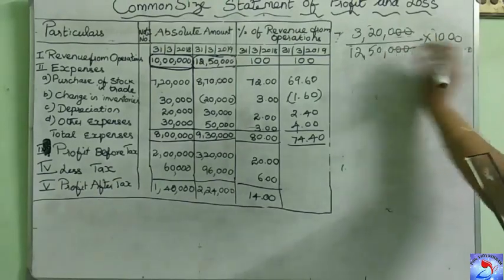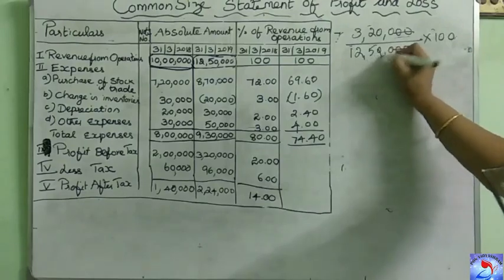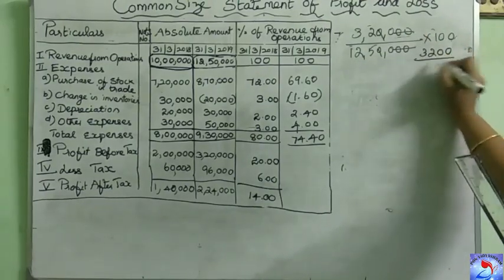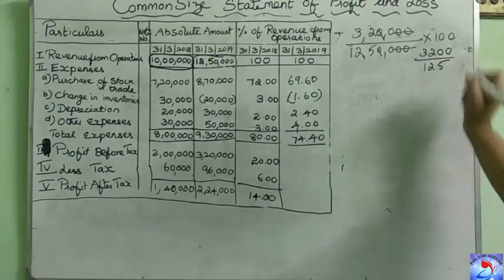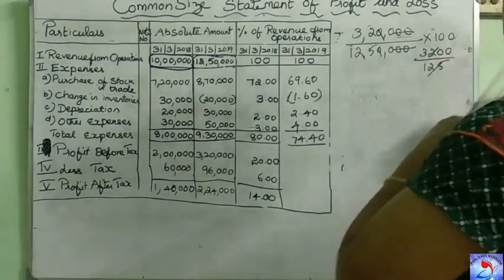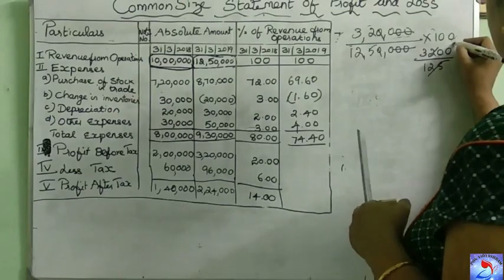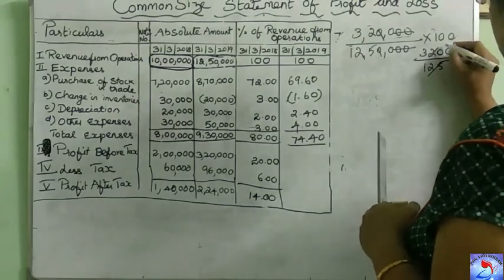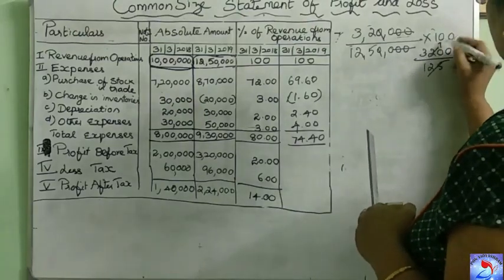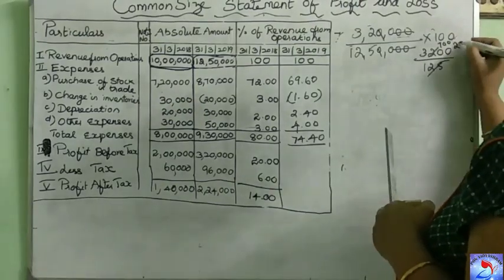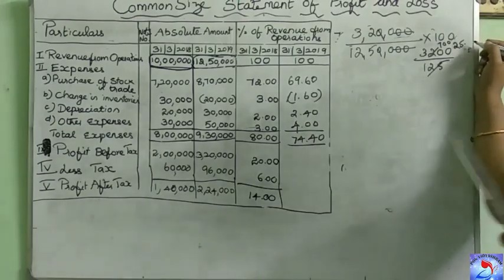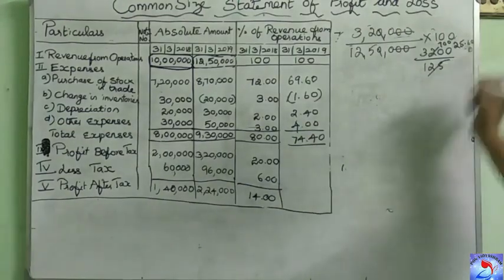So 3,200 divided by 125, you will get 25.60.